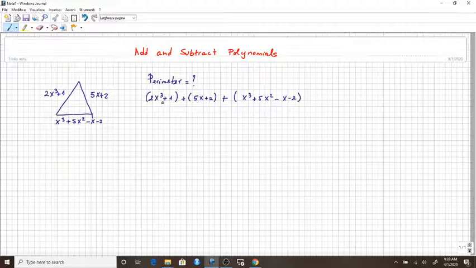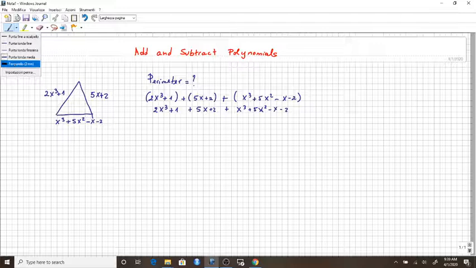Notice that since we have a plus in between those parentheses, we can drop them, so they have no effect on simplifying this polynomial expression. So plus 5x plus 2 plus x cubed plus 5x squared minus x minus 2. So we can just remove those parentheses, and now we're going to combine like terms.